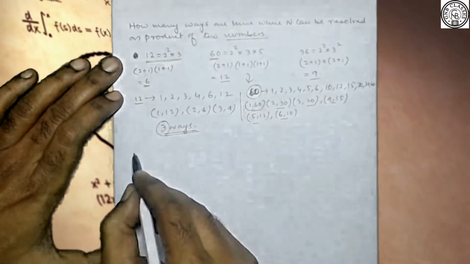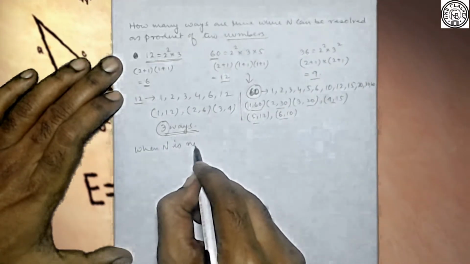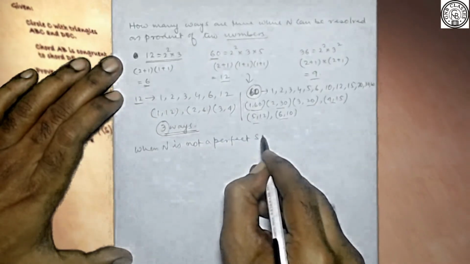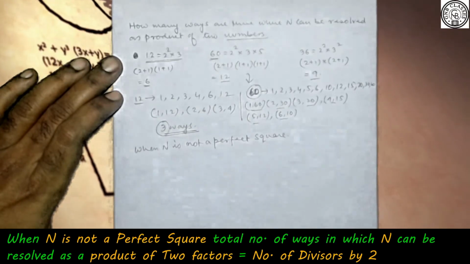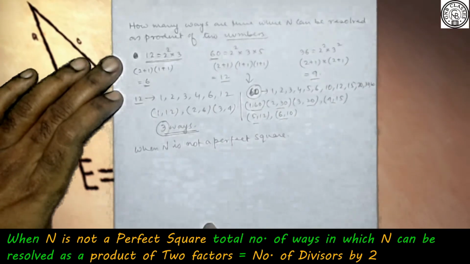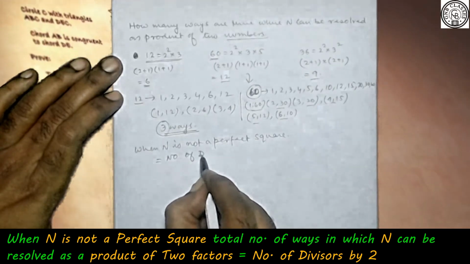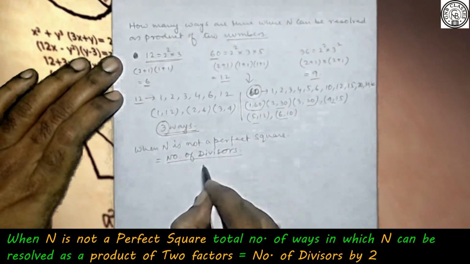So how are we getting this? When n is not a perfect square, we are getting the total number of ways in which n can be resolved as a product of 2 numbers as number of divisors divided by 2.